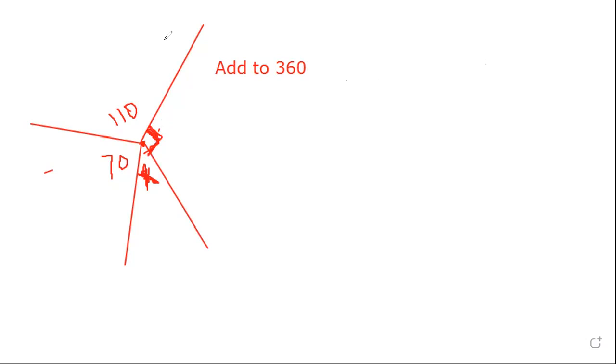So how will we find the value of x here? It will be 360, okay? Minus, and then open a parenthesis. 110 plus 70 plus 90.